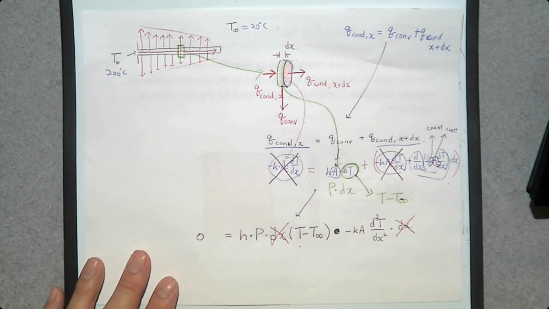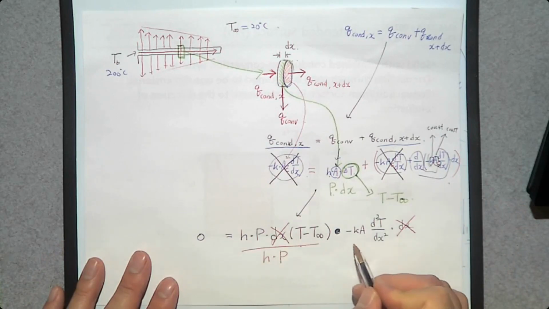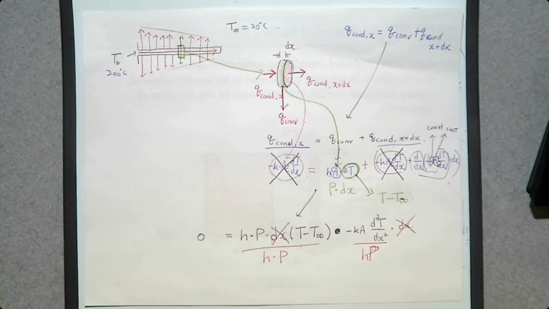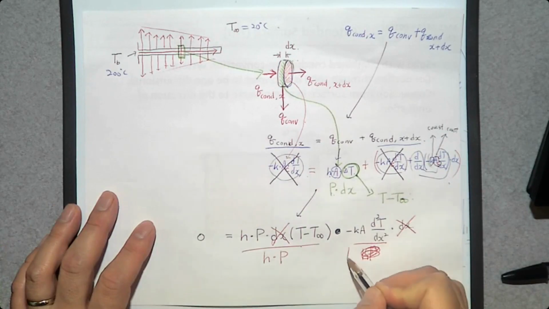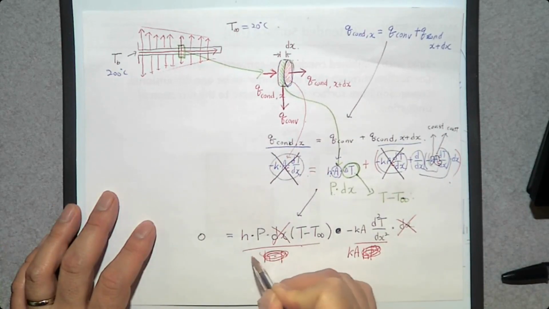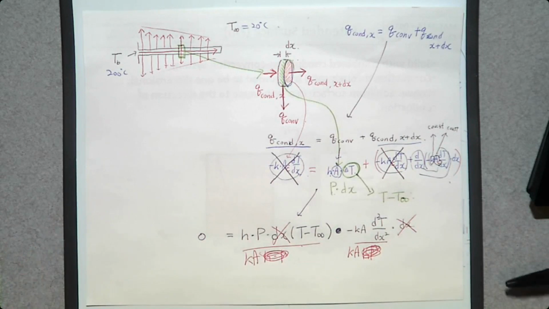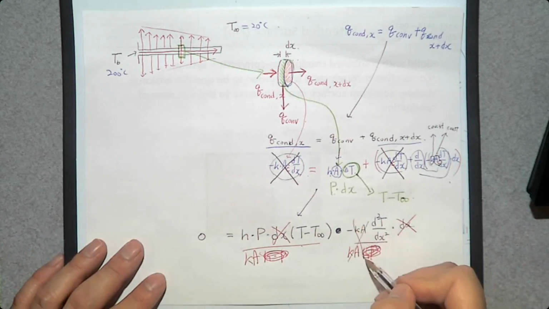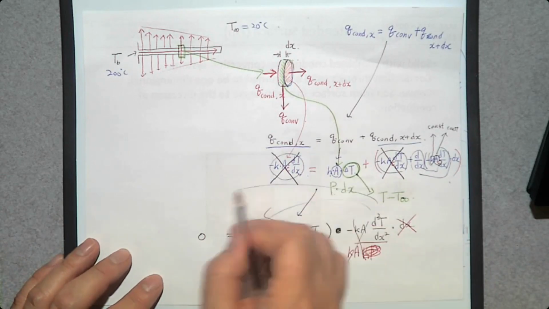Then we can divide each term by h times P. No? Oh, no. I'm sorry. Let's divide by kA. Then, let's move this one to the left hand side.